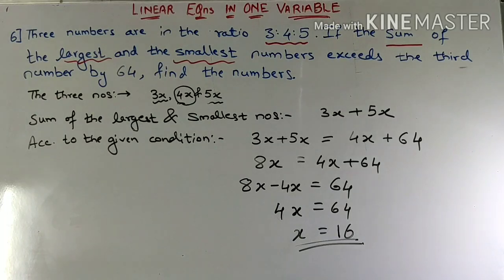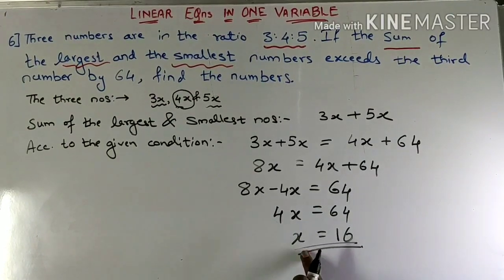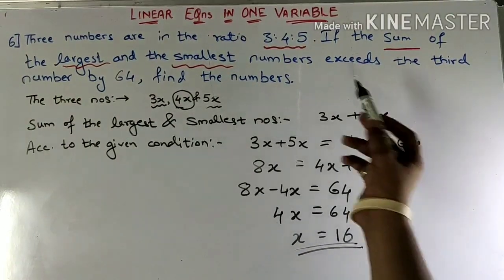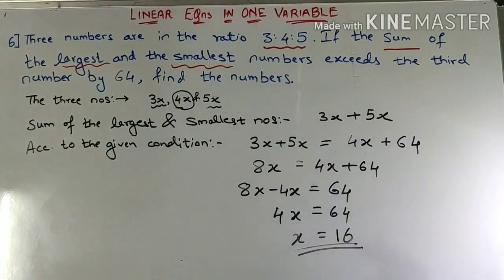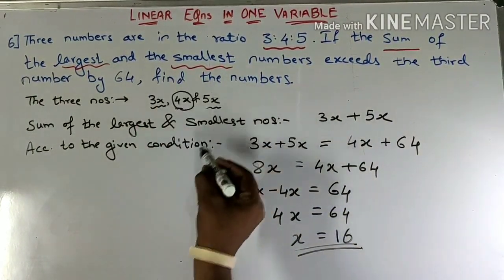But as I'll always tell you, read the full question. We are not supposed to find the value of x. We are supposed to find the three numbers. So what will be my three numbers as assumed in the beginning?